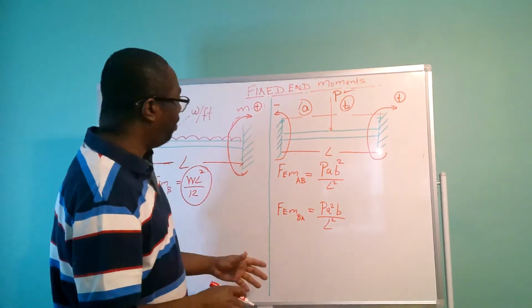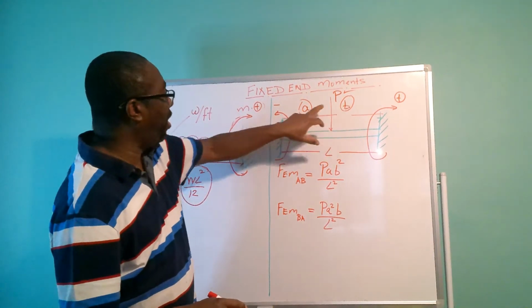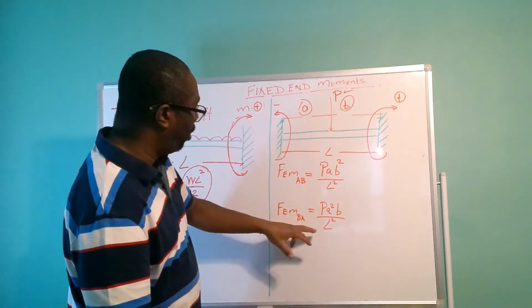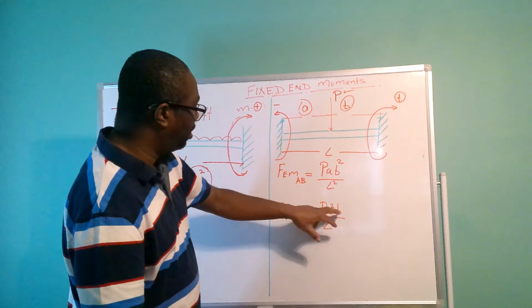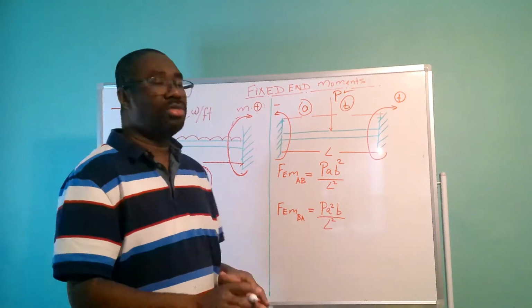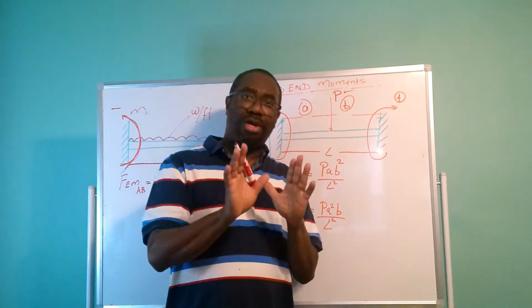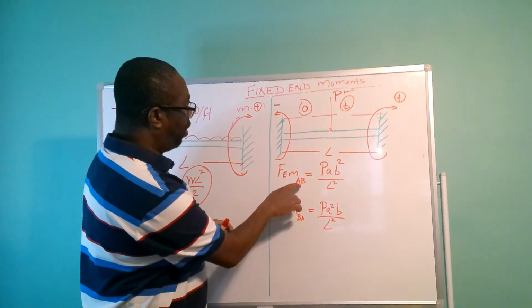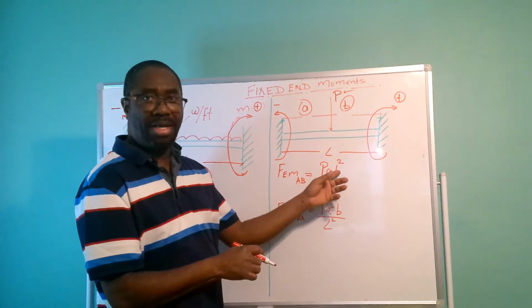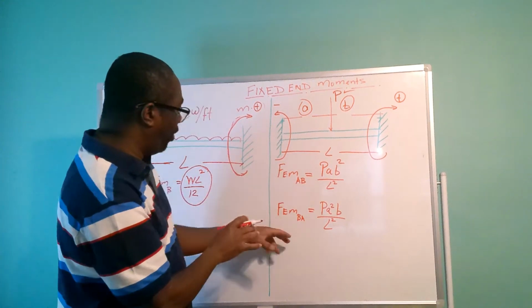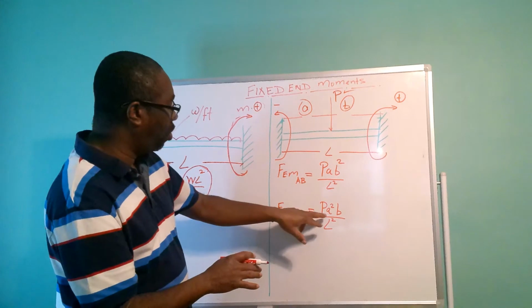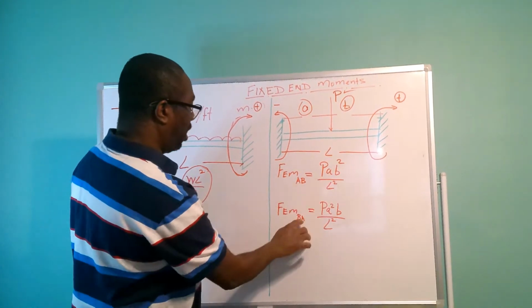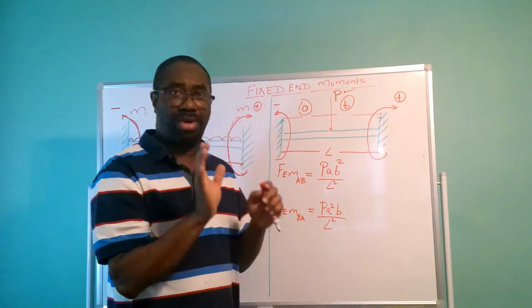Now, to find the fixed end moment BA, the formula is the load times A squared times B over L squared. If you observe, you will have noticed that when we are finding the fixed end moment for AB, we square B, and when we are finding the fixed end moment for BA, we square A. So in this case, B is being squared, and in this case, A is being squared.